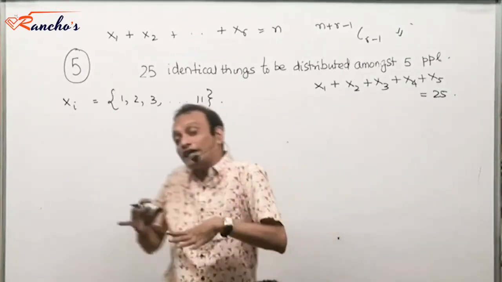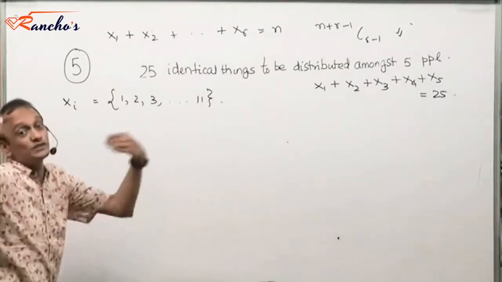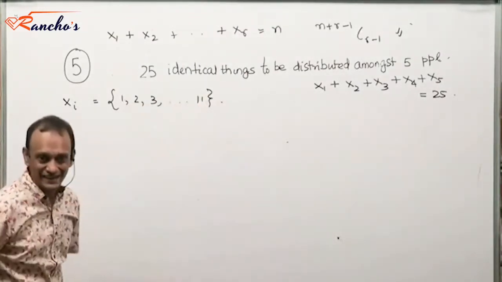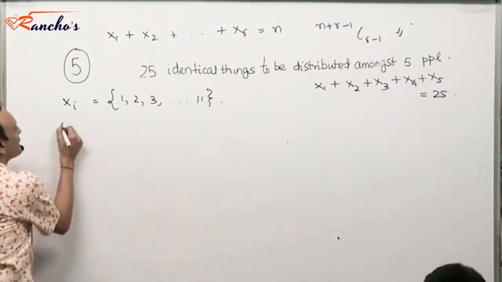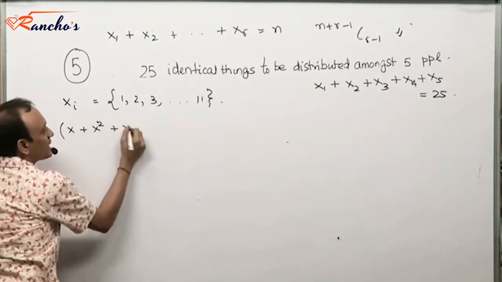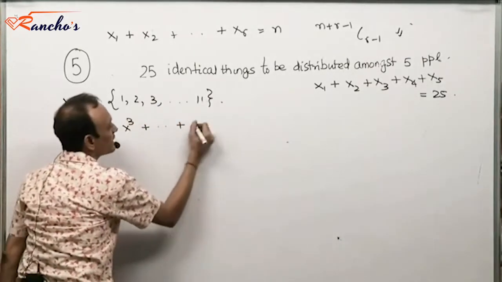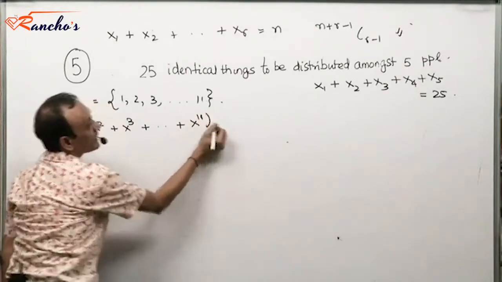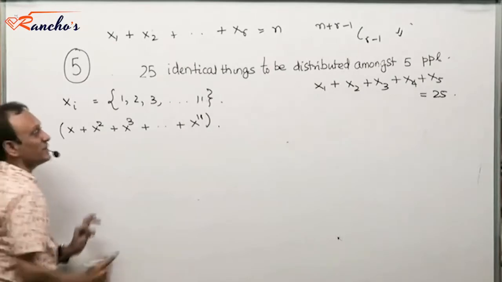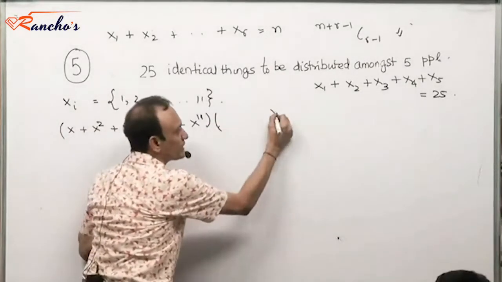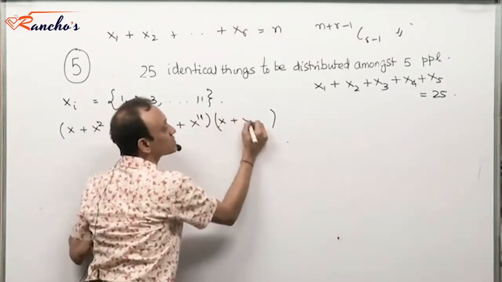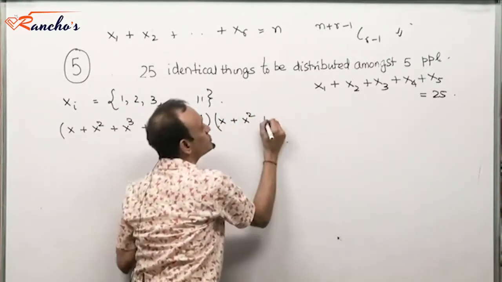So then for each xi, I construct a polynomial whose powers represent the authentic values that xi can take. So for x1, I create x plus x squared plus x cubed up to x power 11. These powers represent the values that x1 can take. Similarly, I do the same thing for x2. x2 will have the same thing, isn't it? x plus x squared, and so on, because x2 can also assume only these values.